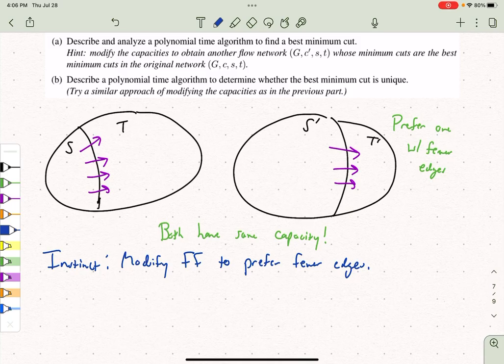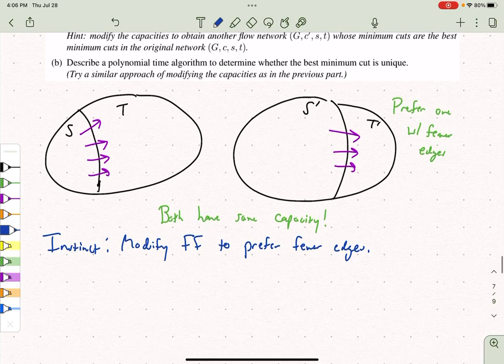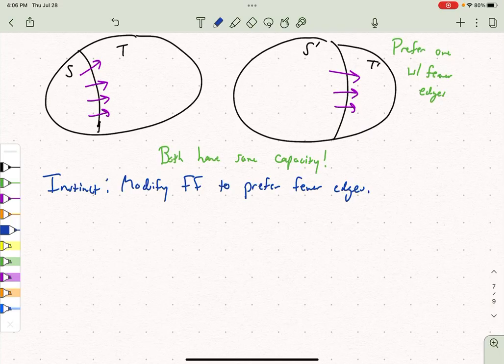You can just take Ford-Fulkerson, whenever it's doing short augmenting paths, make sure it uses very few edges, and when you look at the final cuts somehow, you could probably figure out some way to do that. But generally trying to do this gets really hard because you need to make sure you're not breaking Ford-Fulkerson or some other algorithm. You want to make sure what you're doing is exactly correct, and it just gets really difficult to figure that out. So instead of doing that, what we're really going to do is a graph reduction.